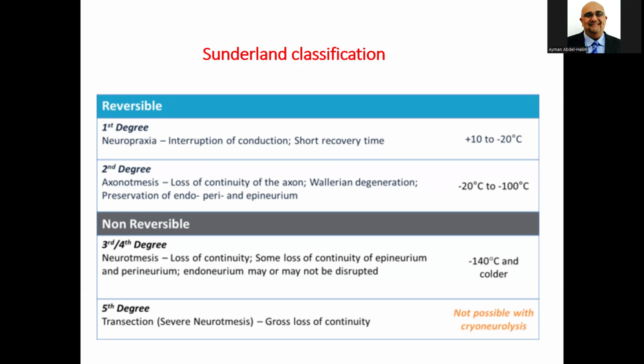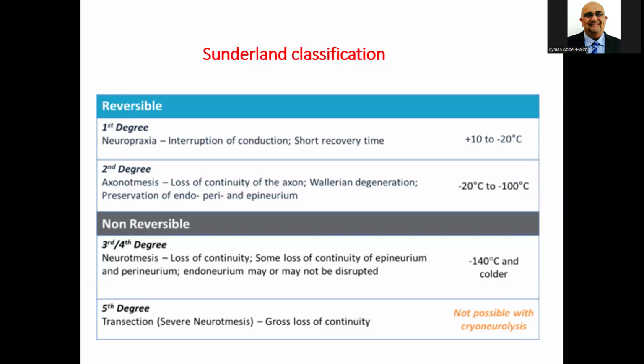First degree is neuropraxia. This is reversible. Second degree is axonotmesis. And third and fourth degree, you have neurotmesis, some loss of continuity of epineurium and perineurium, and endoneurium may or may not be disrupted.